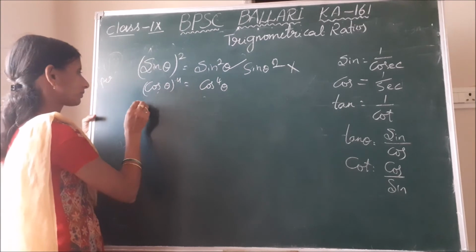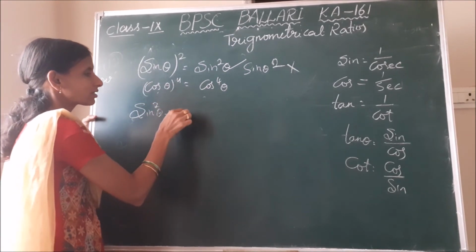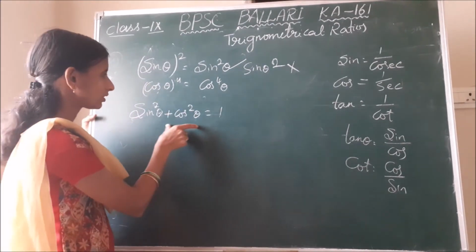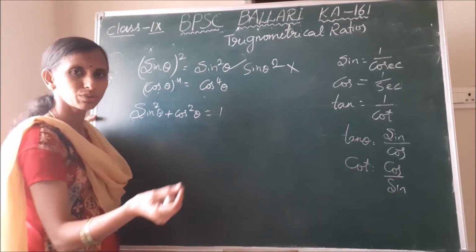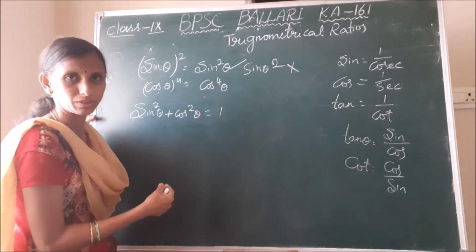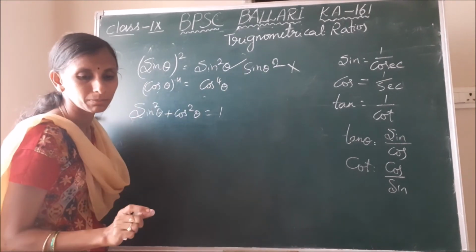Means we are having some formulas which we need to remember here. That is sine square theta plus cos square theta is equal to 1. If you need the proof of this, you can go through the textbook. You will come to know how it is proved. But these are the general things which we need to remember.